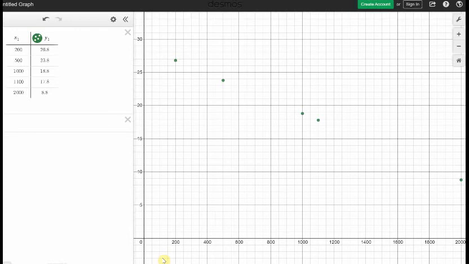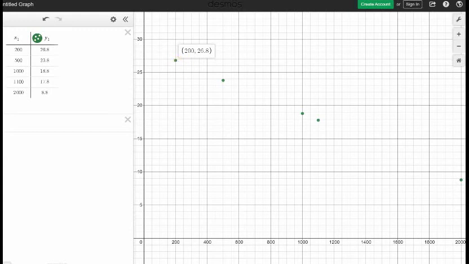If I just kind of visually look at it with my eyes, I can see that the y-intercept is going to be, of course, something larger than 26.8 degrees, which is this one right here, right? This is the dot 200 and 26.8 degrees.